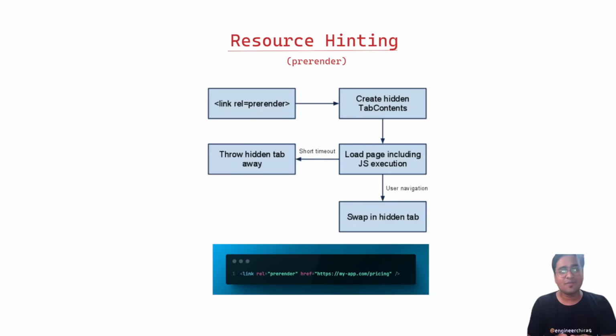This is a very powerful relation you can define, which is prerender. It will create hidden tab content, and with that it will load your page including your JS execution. It will execute, and after a certain time it will throw the hidden tab away. If the user navigates, you can leverage it.